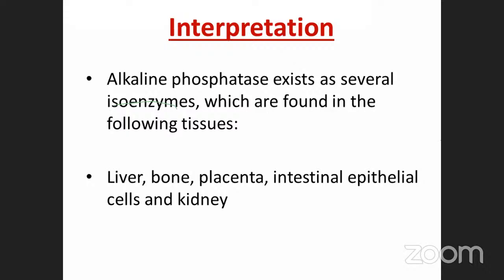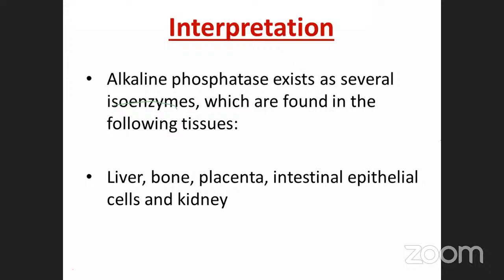Therefore, three isoenzymes are there: CKMM, muscle; CKBB, brain; and CKMB, both heterozygous subunits. Like that, different isoenzymes of alkaline phosphatase are there, and specific isoenzymes are present in specific tissues. If there is any destruction of that tissue, that specific isoenzyme activity is increased. Understood isoenzyme?